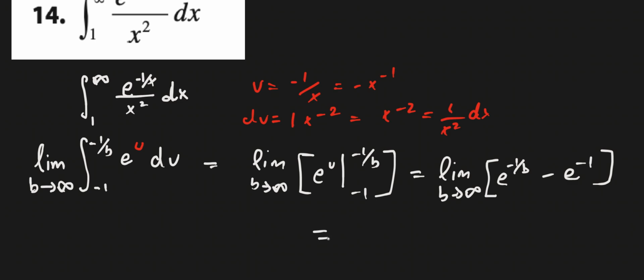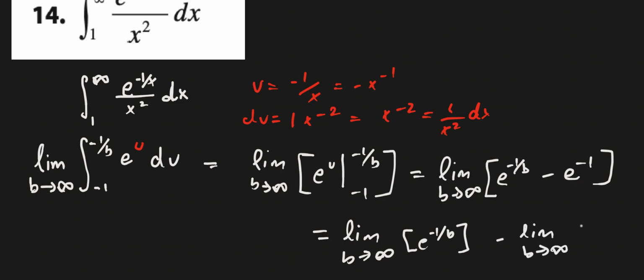Okay, this is just equal to the limit, so we can split this into two limit problems here. So the limit b approaches infinity of e to the negative 1 over b, minus e to the negative 1, or 1 over e. Let's just write that. This is just a constant right there.